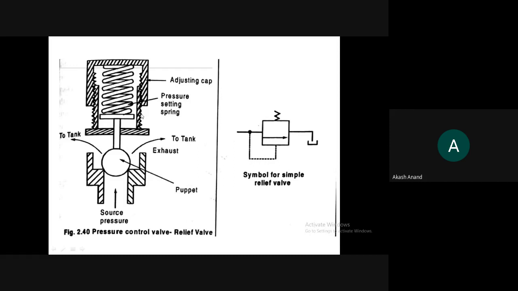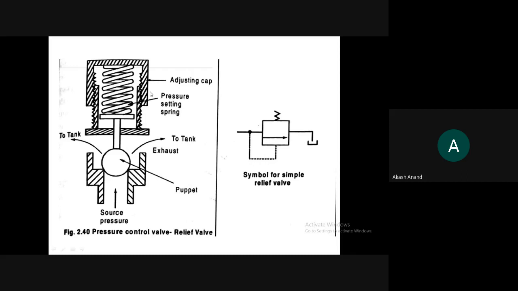If the spring is at a highly compressed position, you can simply use your logic and identify that more pressure will be required to raise this poppet.